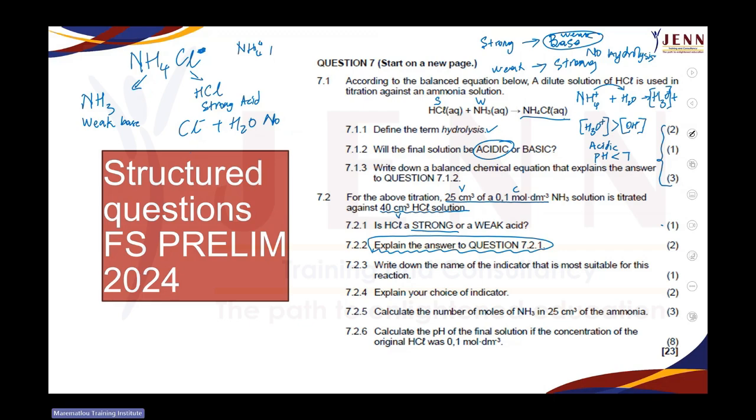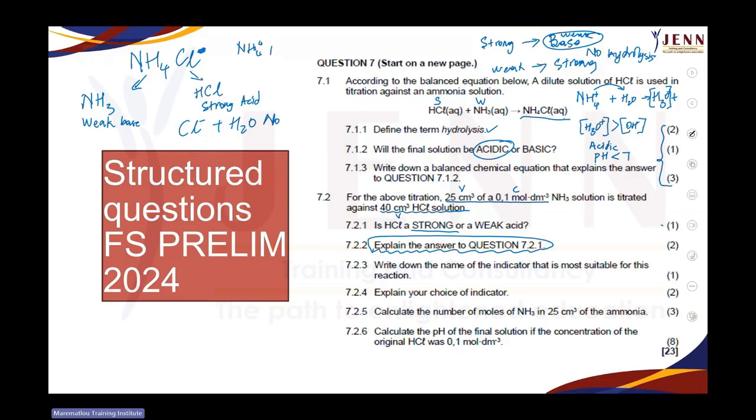When you define a strong acid, it's a substance that ionizes completely in water to produce a high concentration of hydronium ions or H+ ions in that solution.